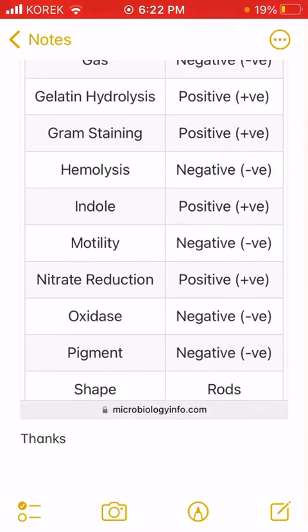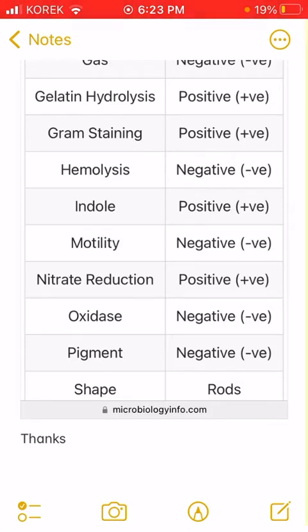Hemolysis, as I say, the colonies are non-hemolytic. Indole test is positive, and the bacteria is non-motile. Motility test is negative, so the bacteria is non-motile. But for example, E. coli is motile, motility positive.